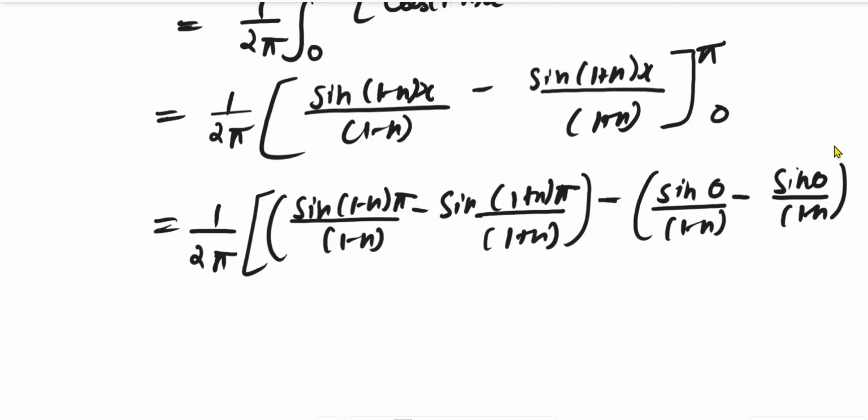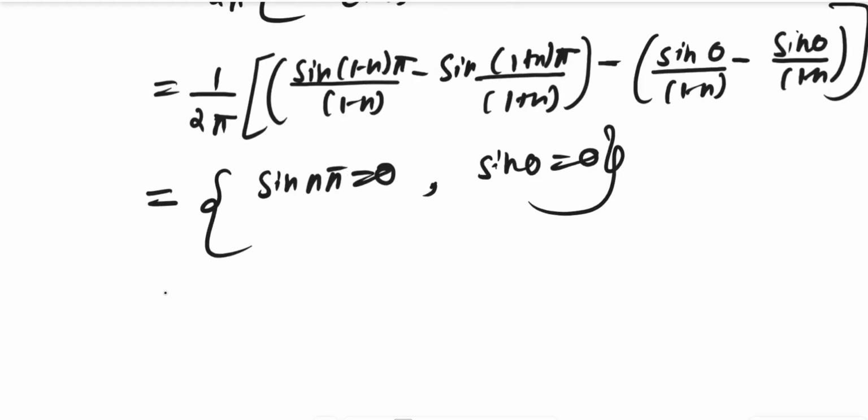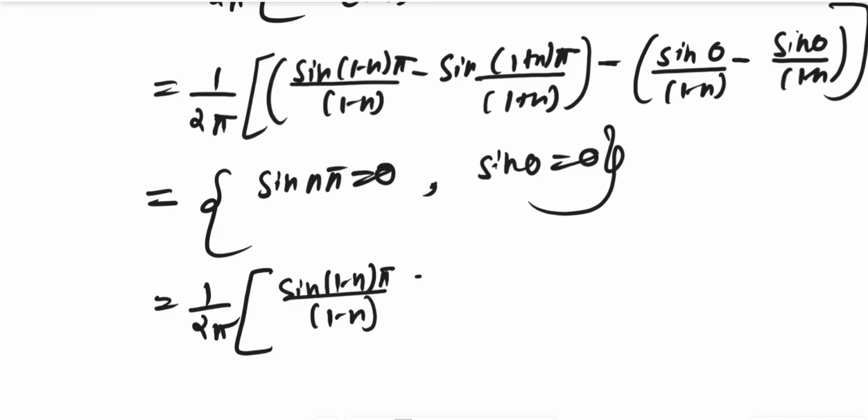Since x is 0, x multiplied by (1 minus n) will be 0, so it is overall sine 0. Now solve this further, for which we need to know that sine of n pi is equal to 0 and sine of 0 is also equal to 0. So this becomes 1 upon 2 pi, sine (1 minus n) pi divided by (1 minus n) minus sine (1 plus n) pi divided by (1 plus n), minus this whole term is 0.